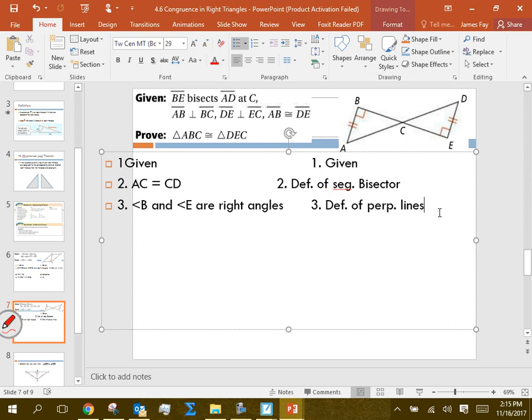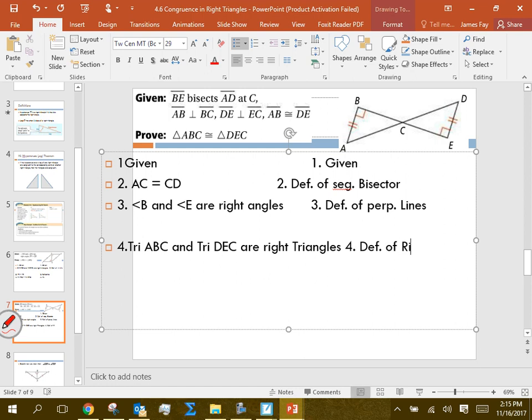If we think about angle B and angle E, and we look at our picture, they're already drawn in for us. Could I write that triangle ABC and triangle DEC are right triangles? Does that make sense?